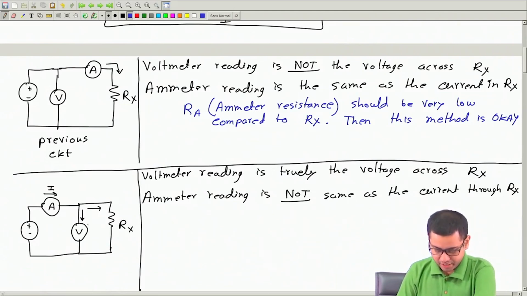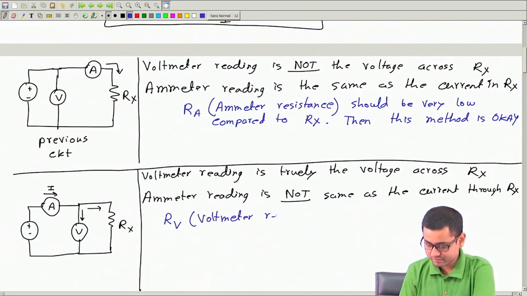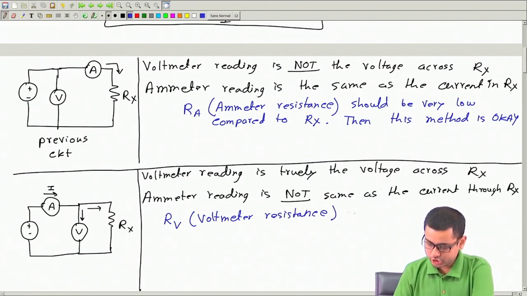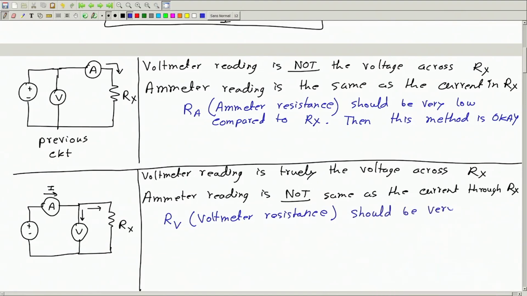Similarly, if I have a near perfect or very much ideal voltmeter in this circuit, what we have is the resistance of the voltmeter, call it Rv. So this is the voltmeter resistance, and this should be very high.